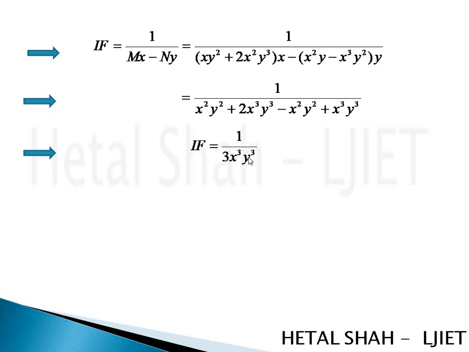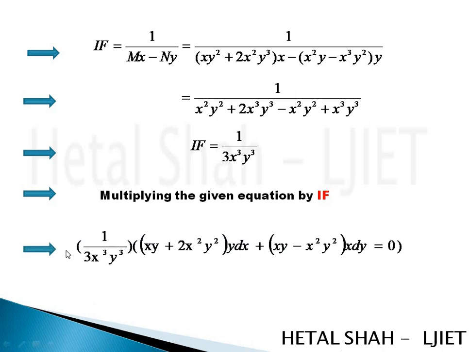Now we have to multiply our given differential equation with this integrating factor. This is our integrating factor, 1 upon 3x cube y cube, and in the next bracket is our given differential equation, which is not exact. Now multiply this integrating factor with the given differential equation.